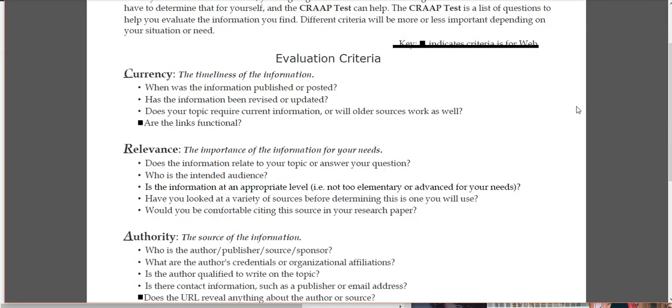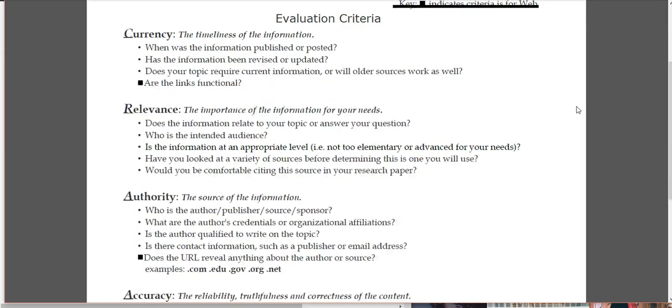To start off, we have currency. This is the timeliness of the information. When it was published or posted, has the information been revised or updated? Does your topic that you are searching for need current information or will older information work?